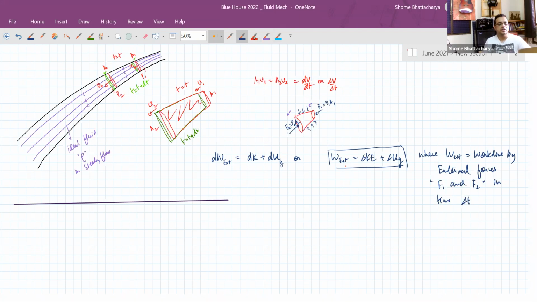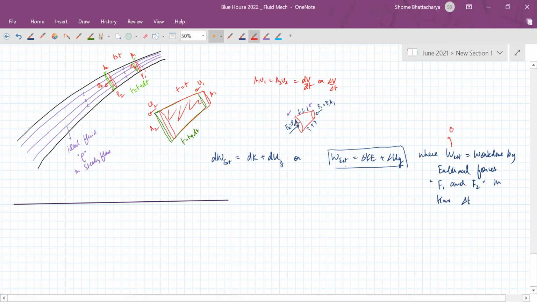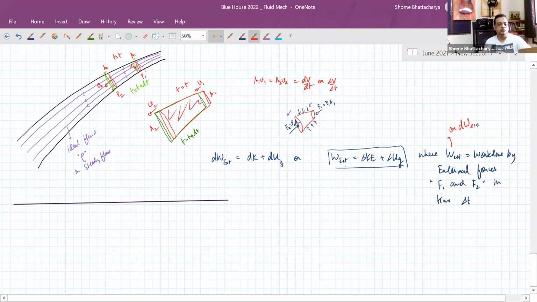Or we can write this as dW, the differential work done, that is the work done by these two forces in time dt instead of delta. And this is the change in kinetic energy in time dt. And this is the change in gravitational potential energy.